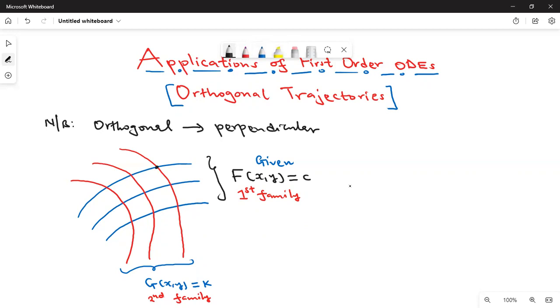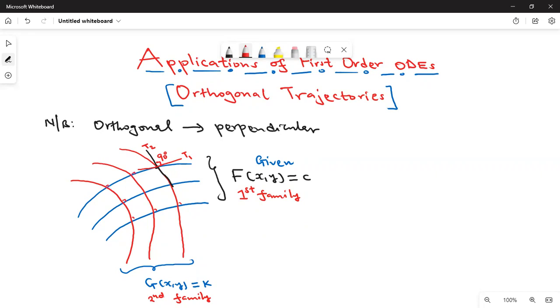At that point, I can come up with the slope of the curve in red, draw the tangent, and also the tangent to the curve in blue. So let's call this T1, and this tangent line is tangent line T2. The angle between those two tangent lines is 90 degrees. So it means every curve intersects with every other curve in the other family at 90 degrees.